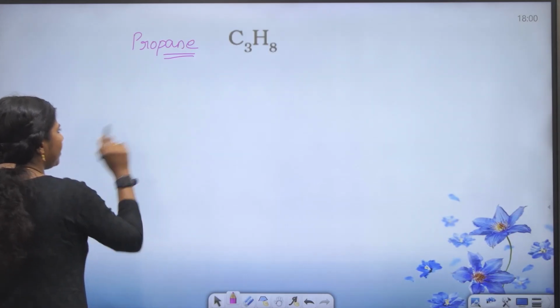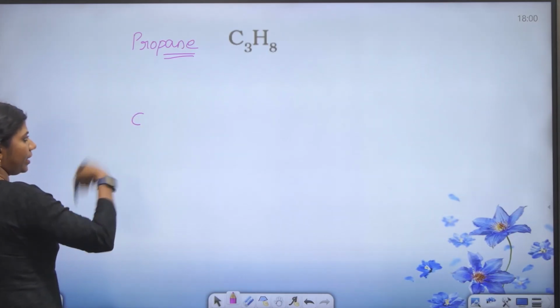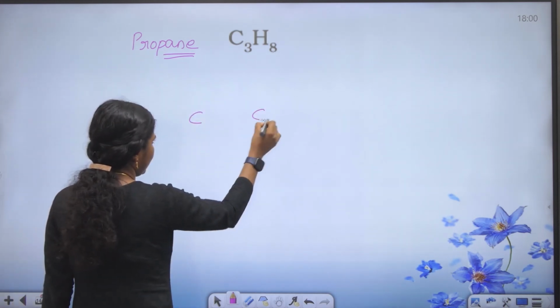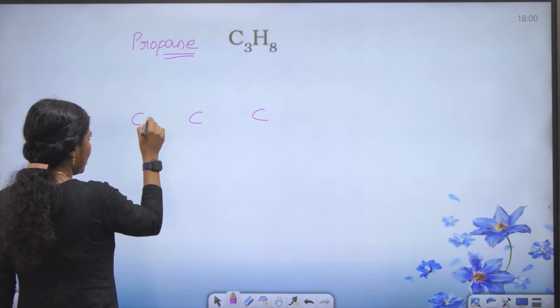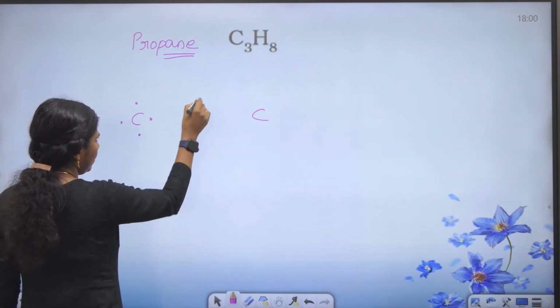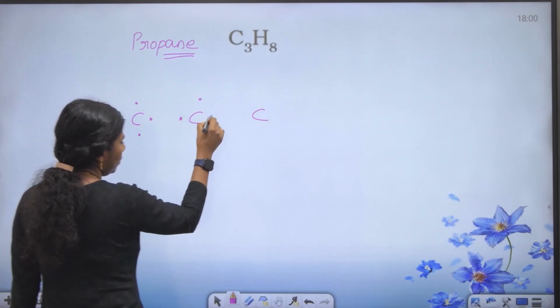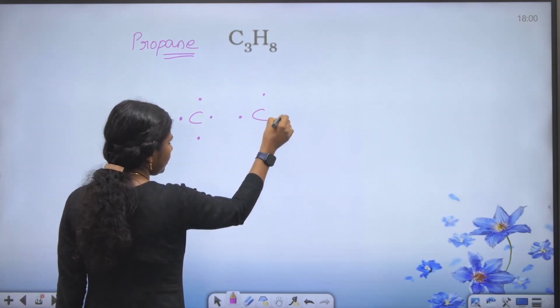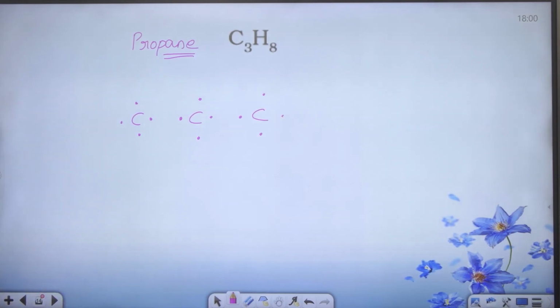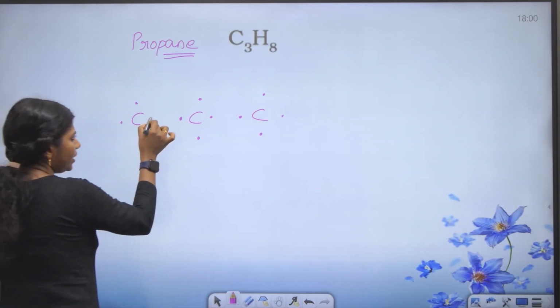Count the atoms. How many carbon atoms are present? C3, 3 carbon atoms are present. Each carbon atom has 4 valence electrons. Then connect each carbon atom.